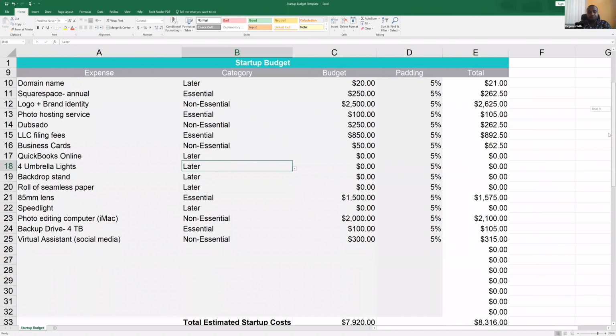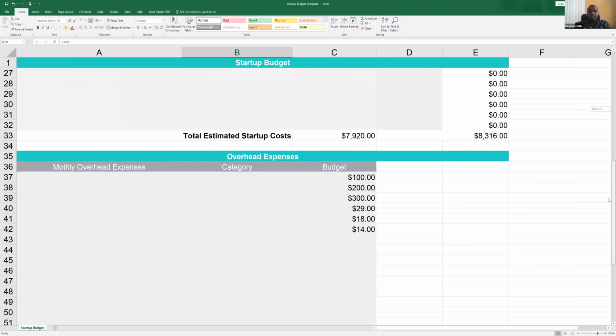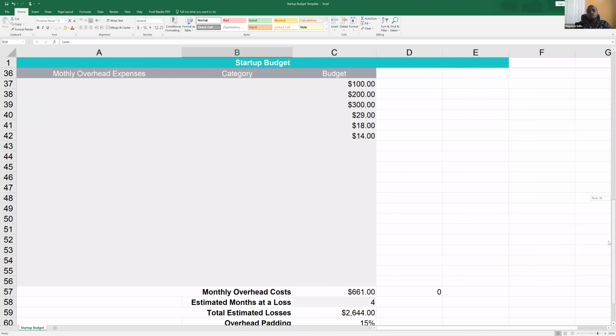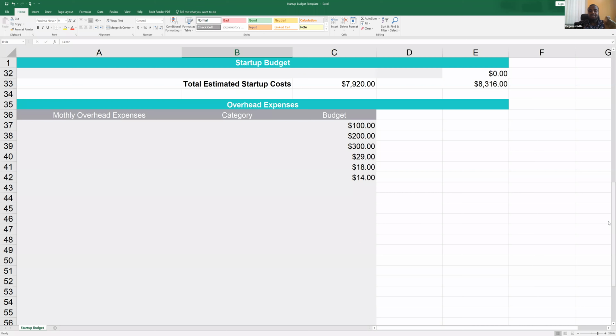Then if you go down, we have overhead expenses. Overhead expenses, expenses which you are going to incur, right, when you're starting your business. So you can categorize them, you can give them a name, right?